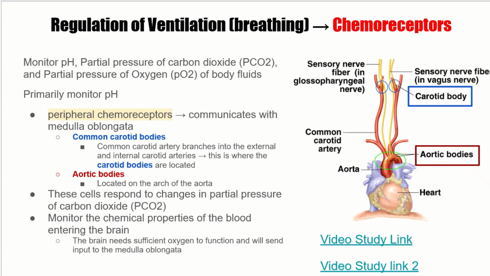It's going to be monitoring the pH, the partial pressure of carbon dioxide and the partial pressure of oxygen in our blood, telling us we need to load on more oxygen or breathe a little bit more. They respond to the change in the partial pressure of carbon dioxide, and monitor the chemical properties of blood entering the brain. That's why you see it right here on the carotid bodies and then the aortic arteries.